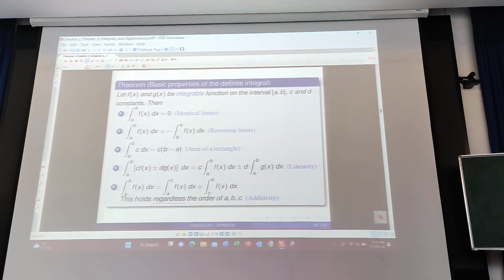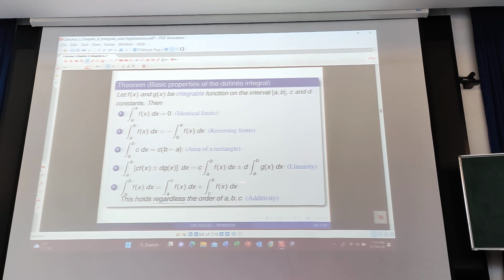Properties are easy. Easy because actually they come from the Riemann sum. So the integral of the sum, the integral of the product with a constant, or when you change the limit, the end point of the integral, you have to change the sign.